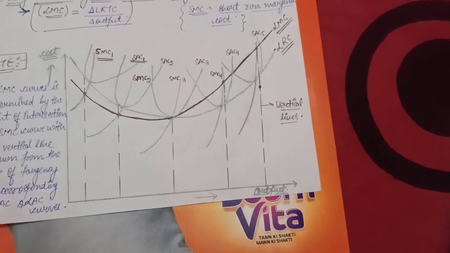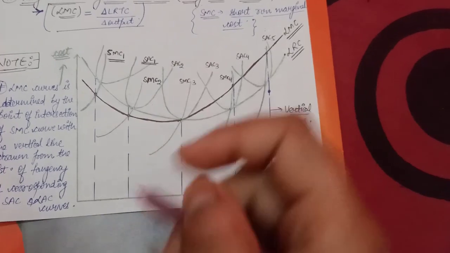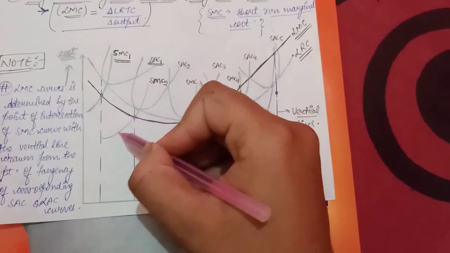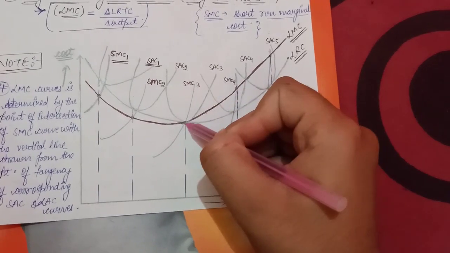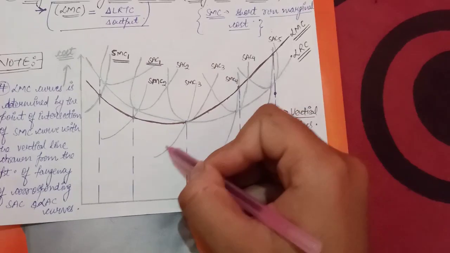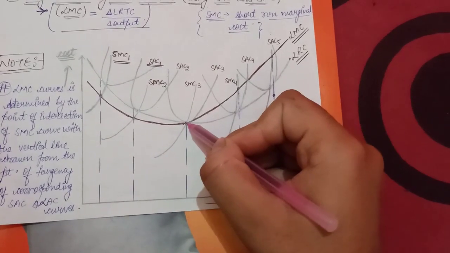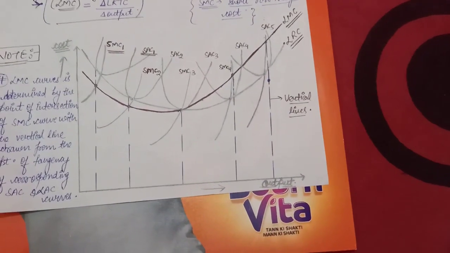And what you need to remember is that SMC cuts the SAC at its minimum point, that is the most probable unit, and also lies below it. So just remember this rule.